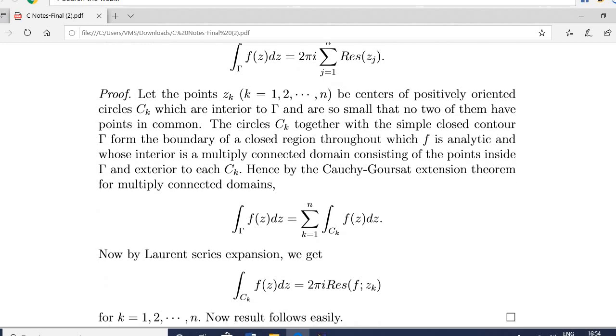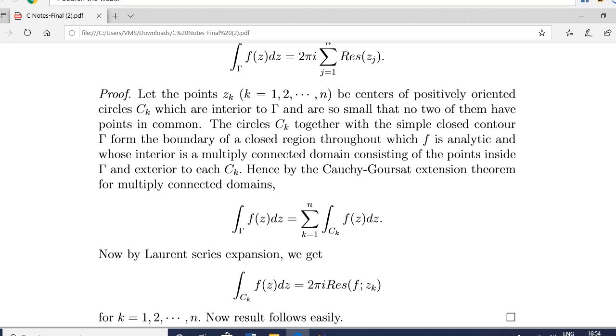Now the integral over the small circle Ck, by definition, is 2 pi I times the residue of f at Zk. See, this we saw last time that if there is only one point inside the circle where f is not analytic, then the integral over that circle is 2 pi I times the residue at that point.